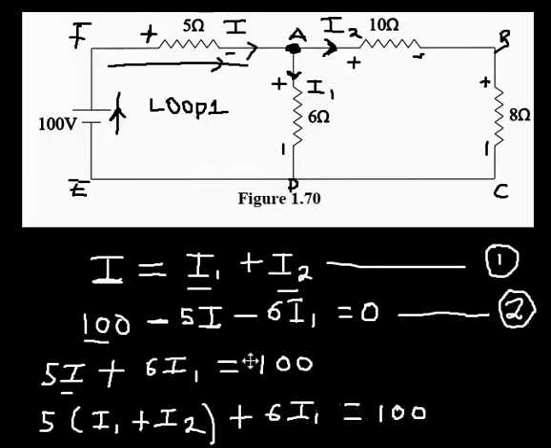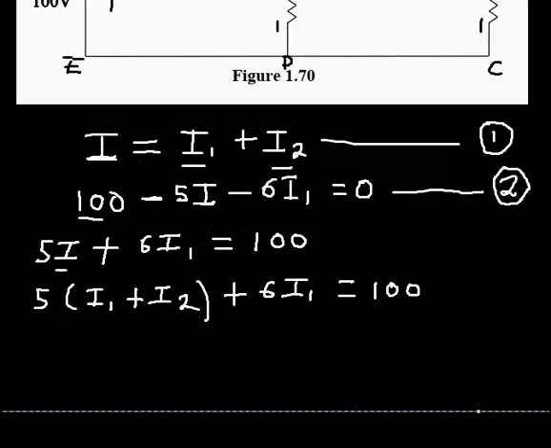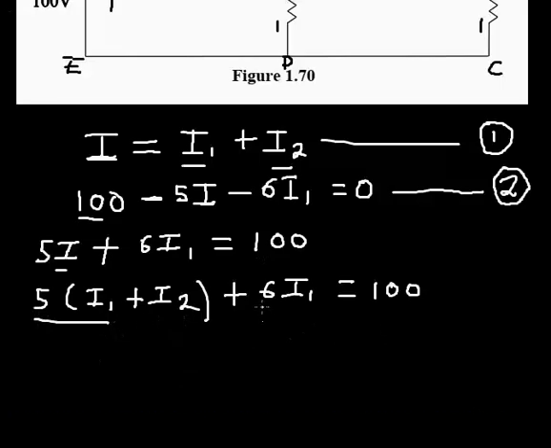Opening this bracket, this is going to be 5I1. 5I1 plus 6I1 will give me 11I1. Now 5 multiplied by I2 will give me 5I2. So it is equal to 100.